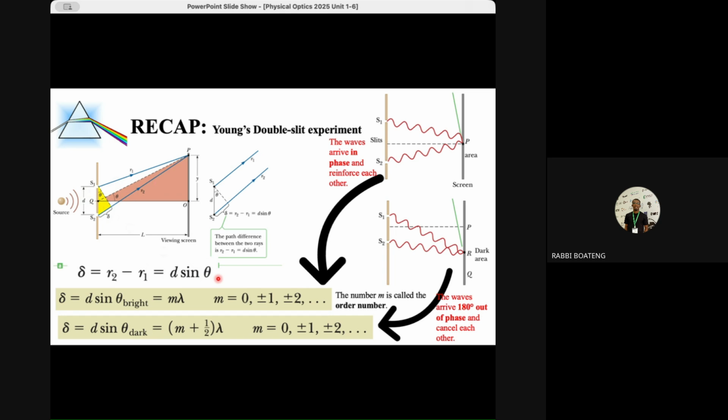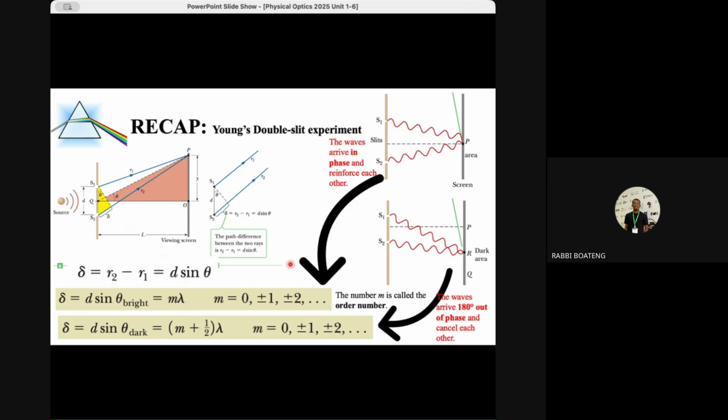Now, from this equation, we were able to derive how the path difference is supposed to vary, in terms of the wavelength, so that we get something like a constructive and something like a destructive interference. Is that okay? And we were able to find out that if we have two waves that are in phase, their wavelength of course is just going to be one.